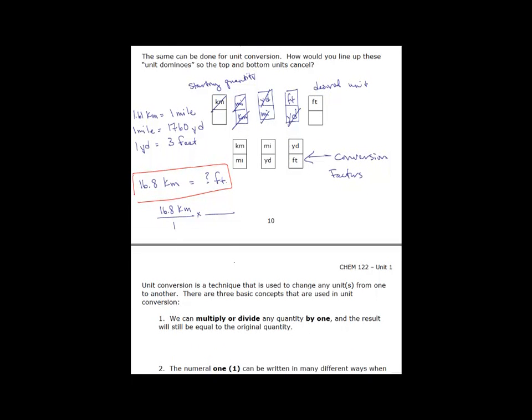So 16.8 kilometers. I want kilometers to cancel out, so I'm going to use this conversion factor first. 1.61 kilometers all goes on the bottom, because this number 1.61 and kilometers are married, they stay together, and then 1 and mile go on top. So now I'm in miles.